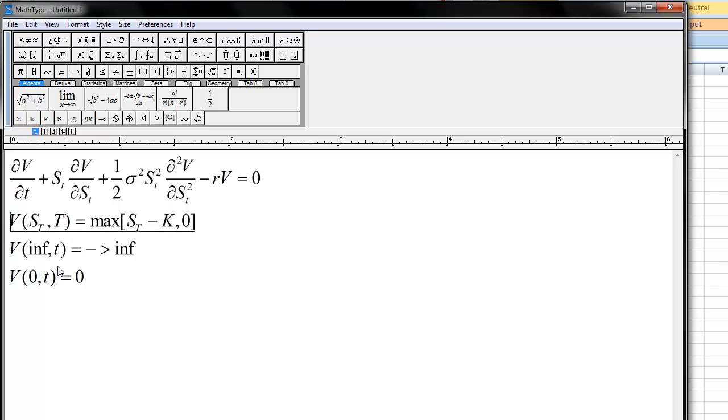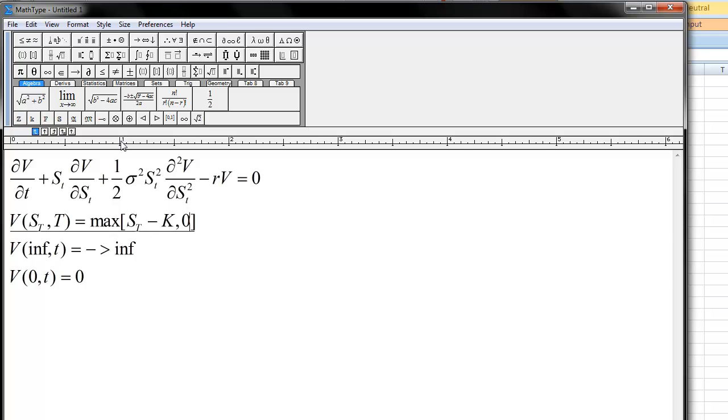I'm sure that after this tutorial you'll be able to set up the partial differential equation with its boundary conditions for a put option. You would keep this equation the same, and you would just change the boundary conditions.